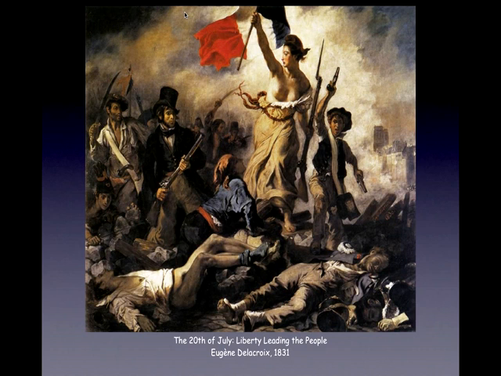The large, partially nude figure of Liberty, carrying a French flag and a rifle, can be understood as a personification. I just called her Liberty. A personification in painting or art is a representation of an abstract concept or an aspect of nature that you want to realize in human form. And so she becomes a personification.